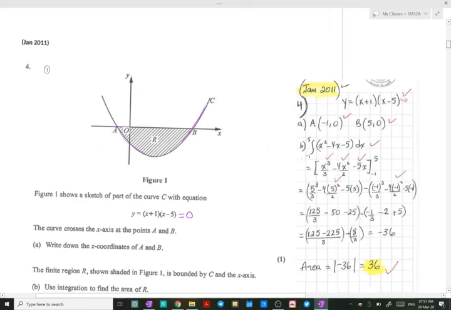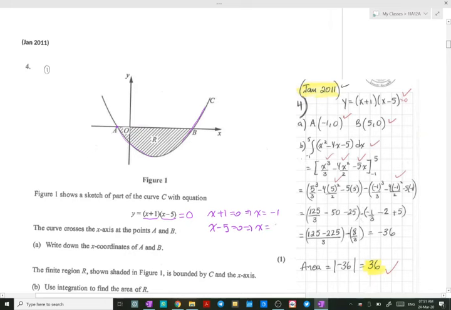So they already gave you the equation of the curve factored. Therefore, it's very easy to find the value of the x here and the value of the x here. So you start with x plus 1 equals 0. Therefore, x is equal to minus 1. And x minus 5 is 0.